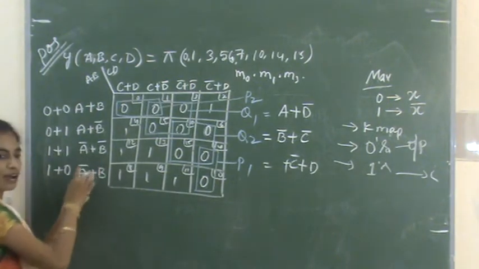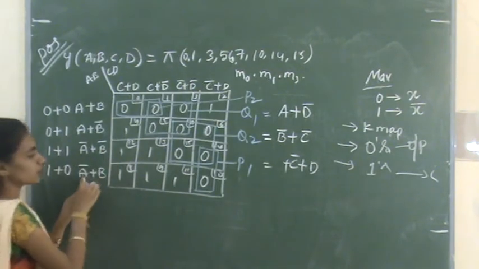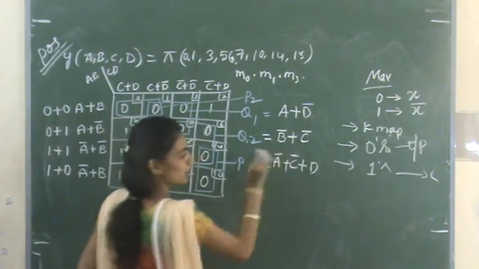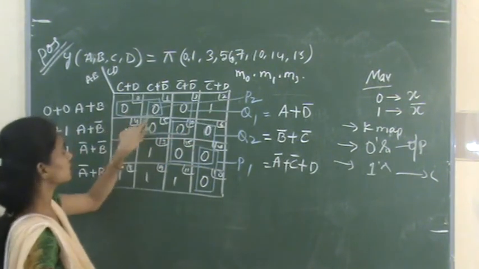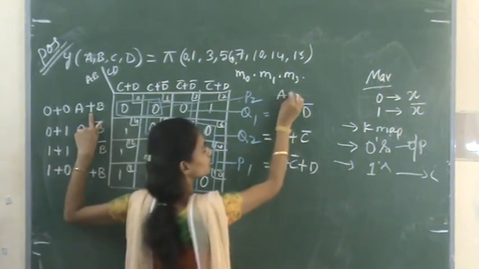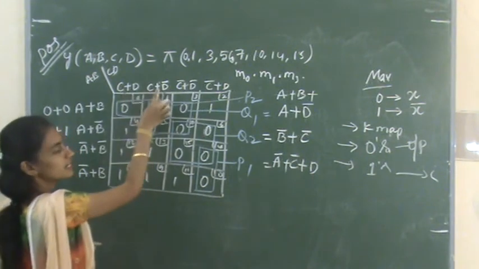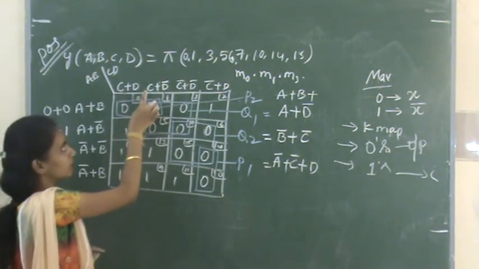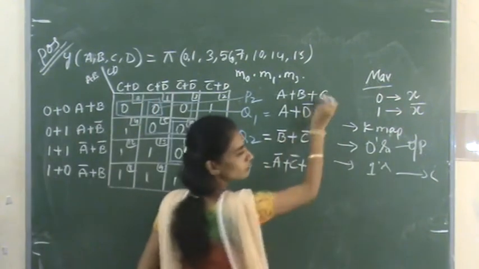In these 2 we have A bar as common, B bar and B becomes 1. So left out is only A bar. Then last we have one more pair. For these 2 zeros, A plus B is common. Then we take these 2, in which C is common. D plus D bar becomes 1, so remaining is C.